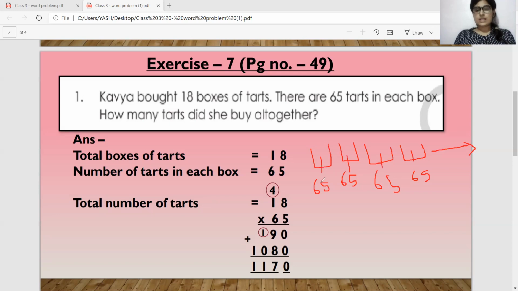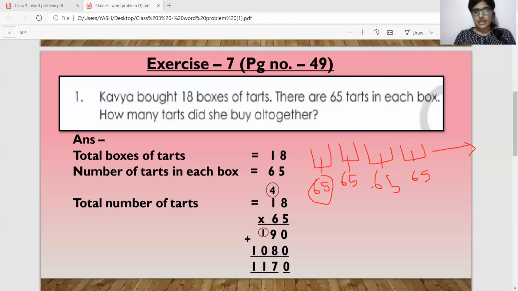If we multiply this 65 with the number of boxes, then we can find out the total number of tarts, because we can do it like this also: 65 plus 65 plus 65 plus 65. How many times do we add 65? 18 times.